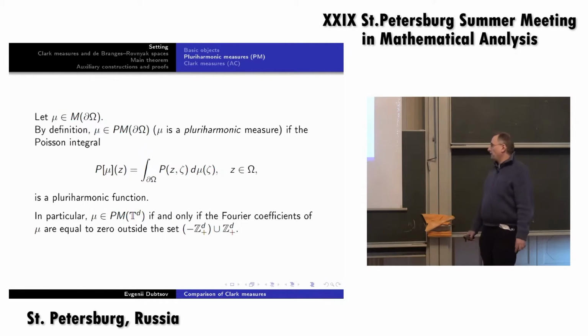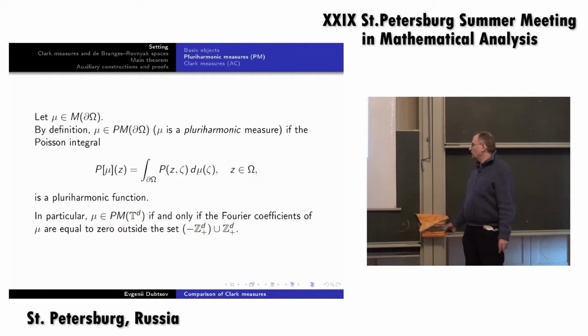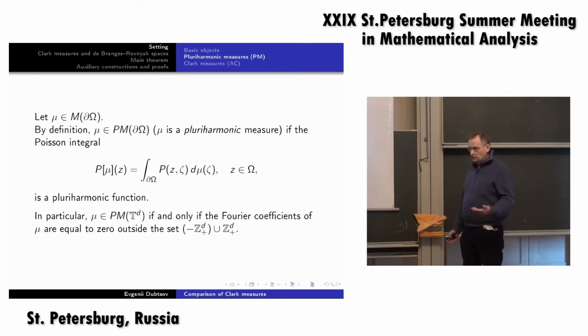Okay, in the case of the polydisk, the measure is on the torus, and it's clear that my measure is pluriharmonic if and only if its spectrum is in Z_+^d union with the corresponding negative part of the spectrum.